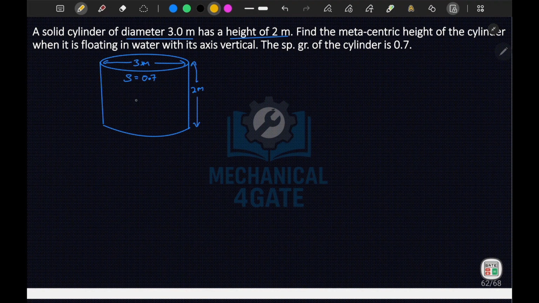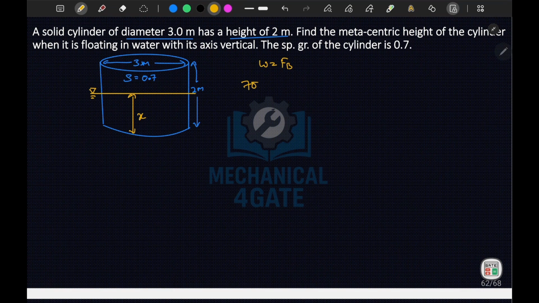Now it's floating in the water with vertical axis. So since S is equal to 0.7, let's say that this is your floating surface, and X is the height of immersion. If we calculate X here, X will become 0.7 times 2, that is 1.4 meter. But let me write it. We can write from here that weight is equal to buoyant force.